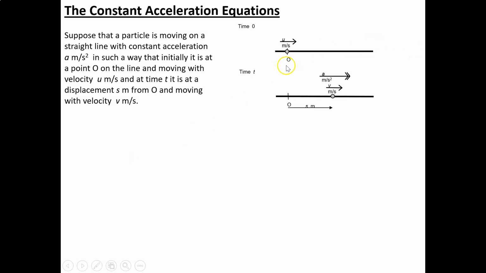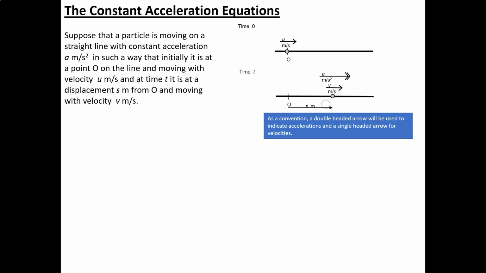At time t is naught, it's at position 0 and moving to the right with velocity u, meters per second. At time t equals t, it is at a point with a displacement s from O and velocity v and acceleration, which has two heads, if you notice, an arrow with two heads for acceleration, a, meters per second squared.